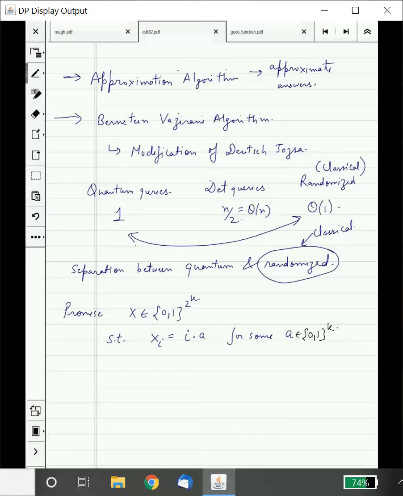Remember, i can be thought of as an index from 1 to n, or i can also be thought of as a binary string of length k.